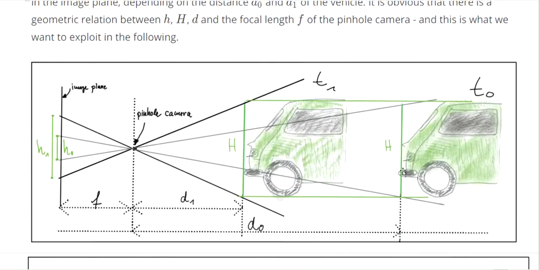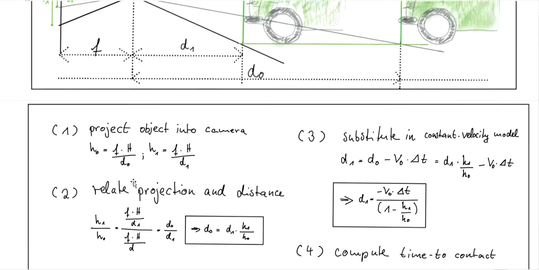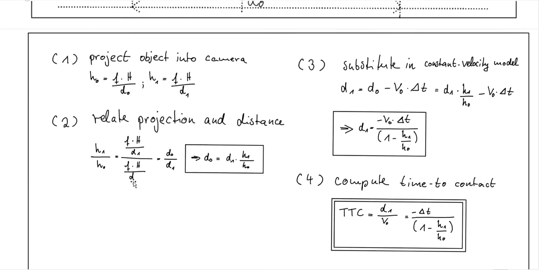For example, at time t0, the height of the car maps to s0 on the image plane. At time t1, the height of the car maps to s1, right? And we have the focal length of the camera right here. This is the pinhole camera model. So we have the formula relating all the parameters, and it's really easy.